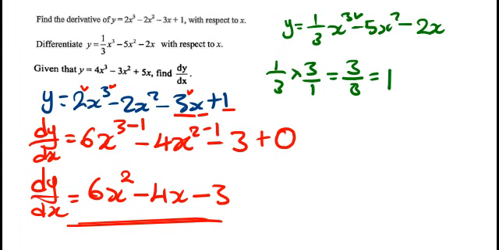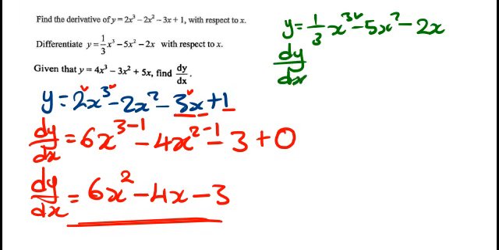And then, which simply means that dy over dx equals 1 over 3 multiplied by 3.